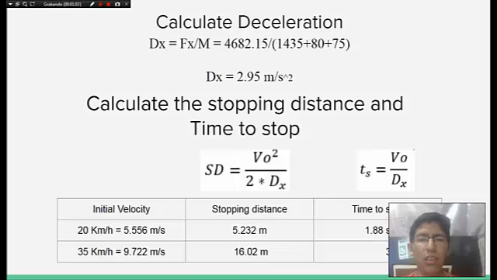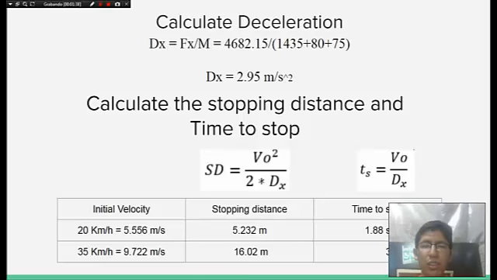The mass is the mass of the vehicle plus mass Zavaleta plus mass Daga. The deceleration is 2.95 meters per second squared.